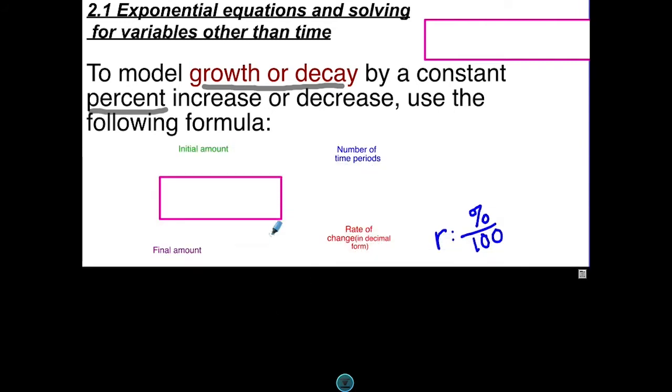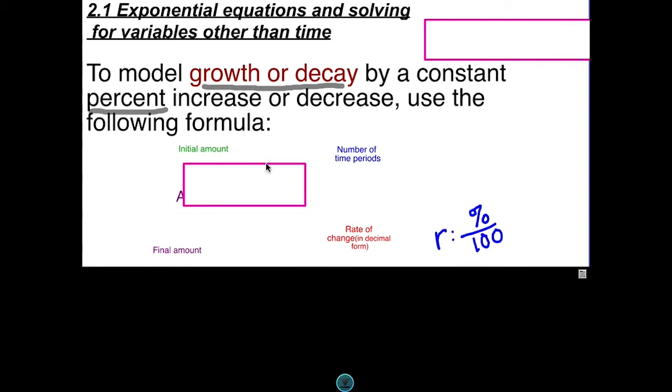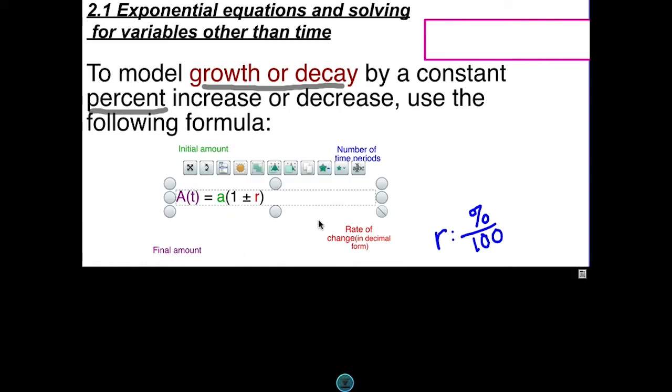The first thing we want in our notes is this equation. A of t, the function, equals little a, my initial amount, times a grouping, 1 plus or minus r.